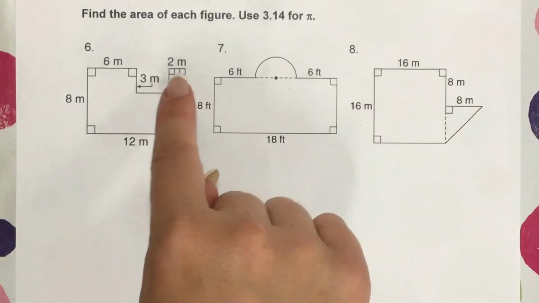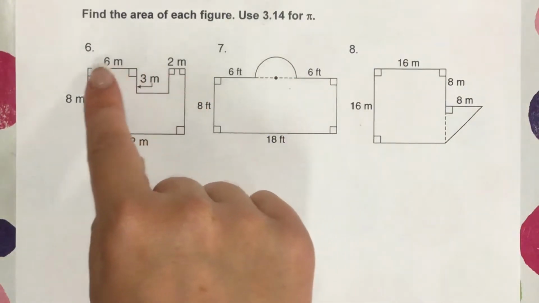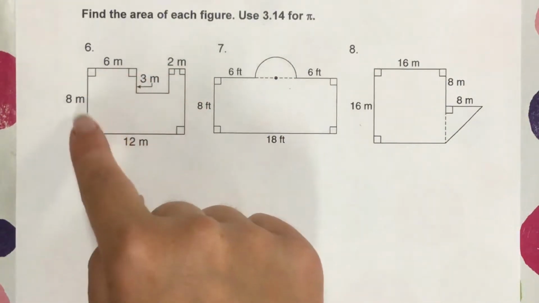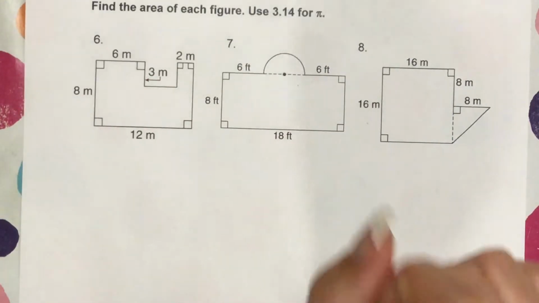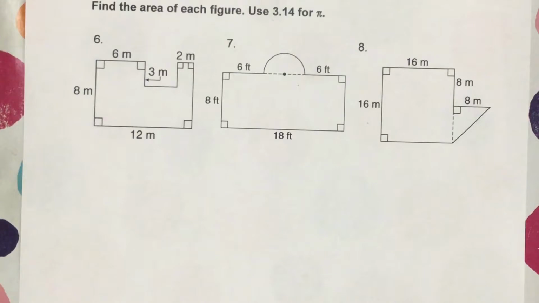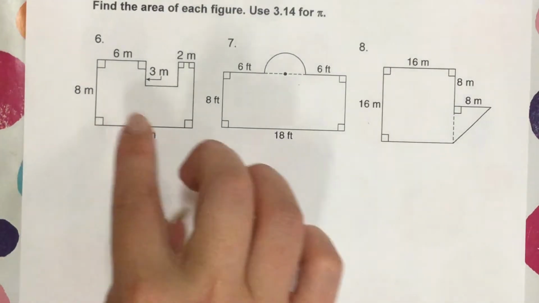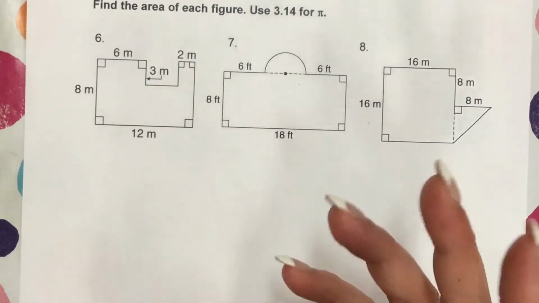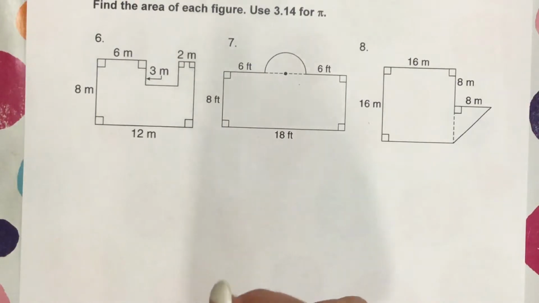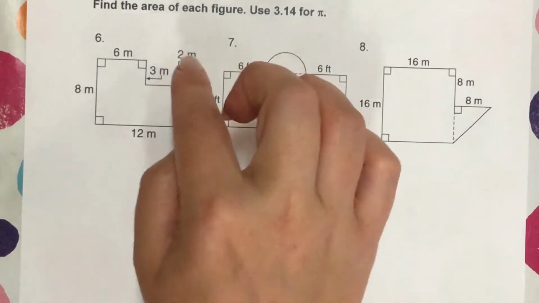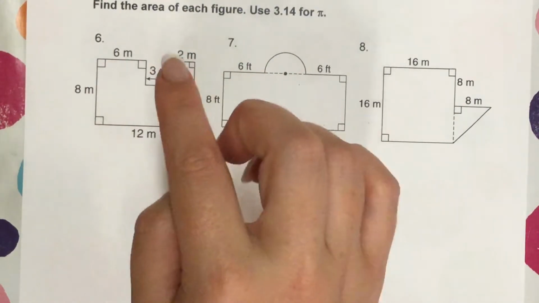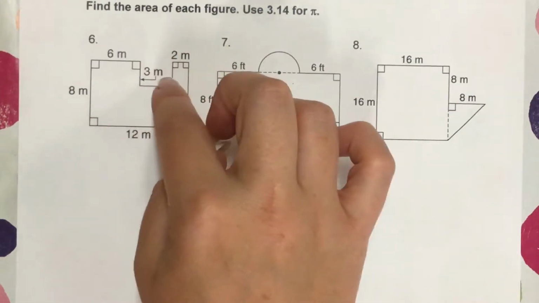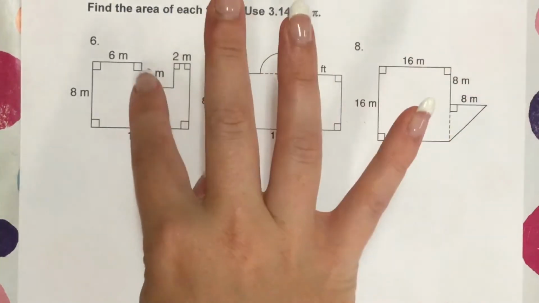Or you could do the entire rectangle as one thing and then take away this small portion. So I think that that's the way I might do it. I'm sure maybe you did 3 rectangles, or maybe you're doing it the way I'm talking about, but I'm going to find the area of the entire rectangle here, and then I'm going to subtract this area here, because it's like a little indent.